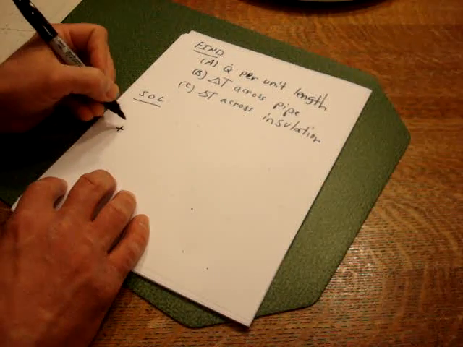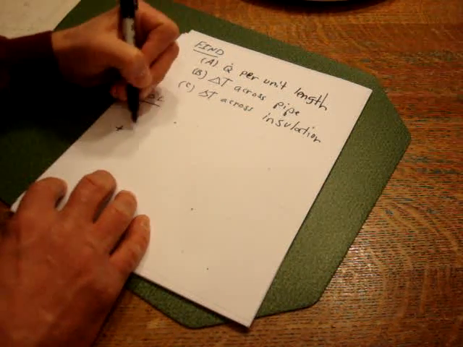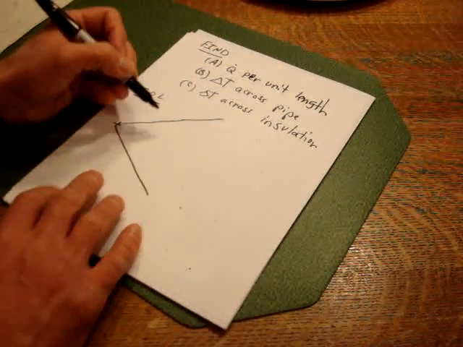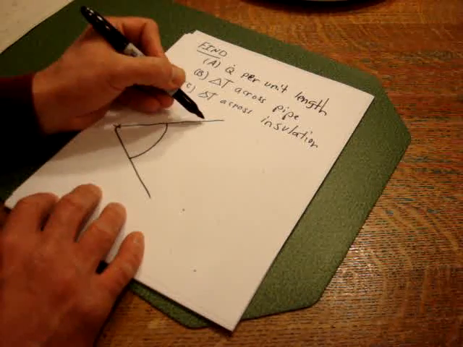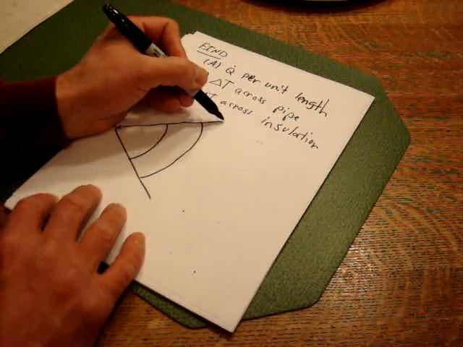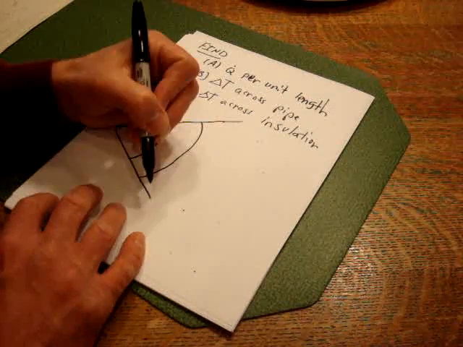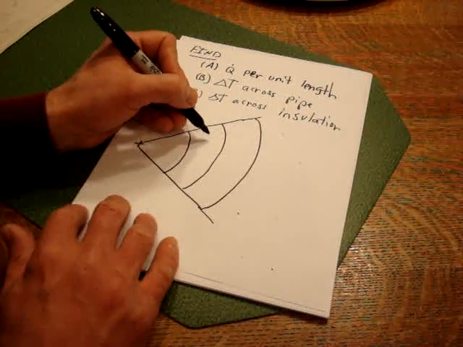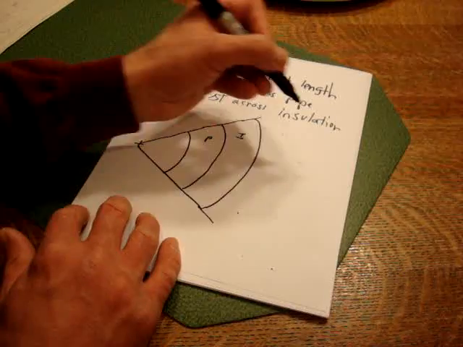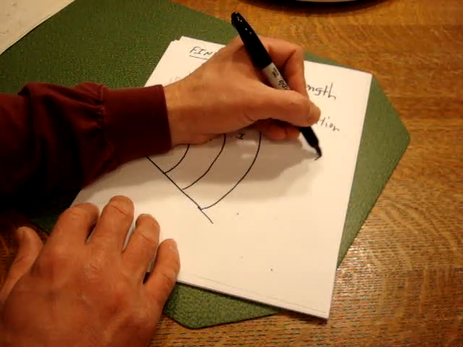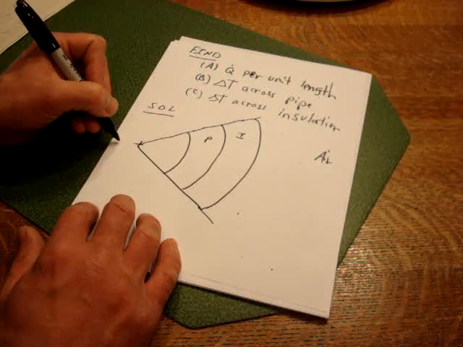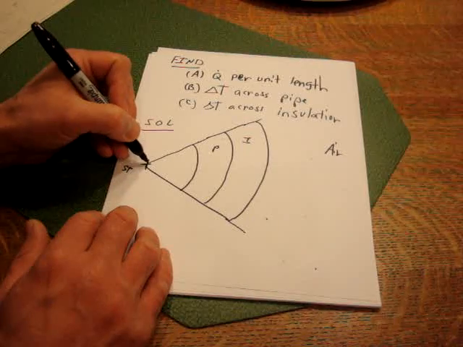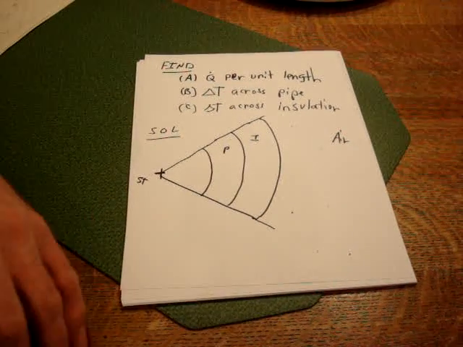So if this is the very inside, okay, so what we'd have is R on the inside, R1, and R on the outside. And here again, this is our pipe, this is our insulation. Maybe have some air out here, and we have steam on the inside. Okay? So when you look at this picture, and here's the center of the pipe, how many resistors will we have?